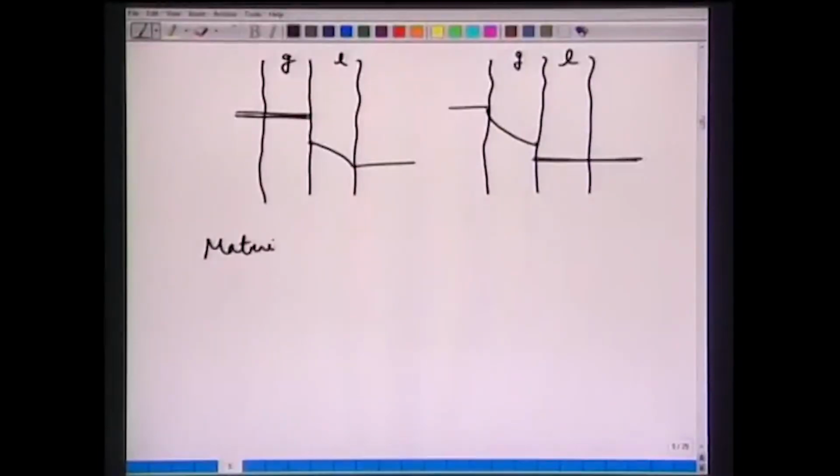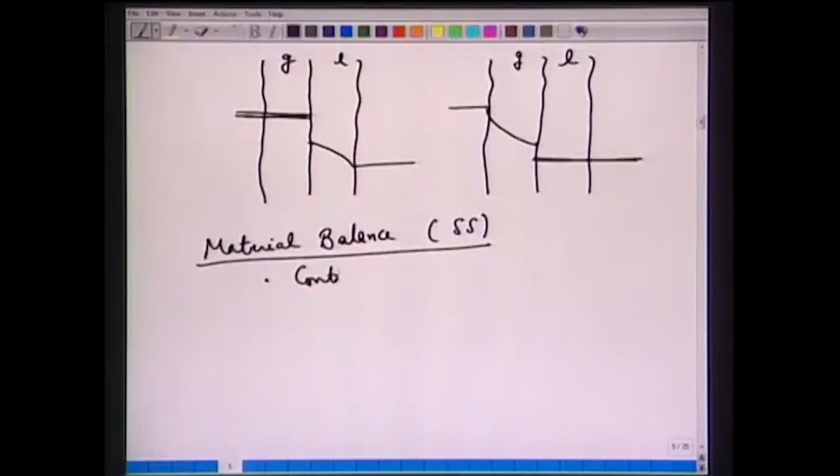So we start with the material balance, and we assume steady state. Now we have two cases. One is the continuous contact process, and the second is stage-wise.